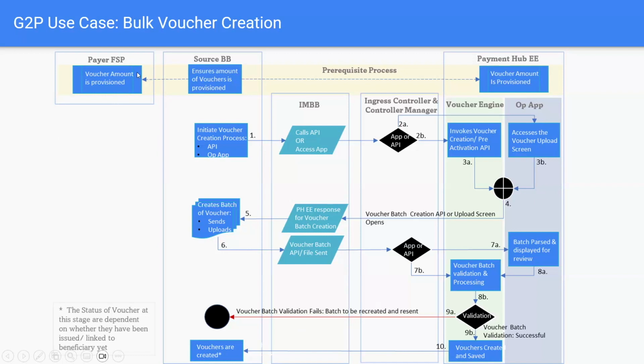So starting initially, there's again one prerequisite or assumption that is made, that for the payer FSP, like in the bulk disbursement as well, some provisioning is done for vouchers.